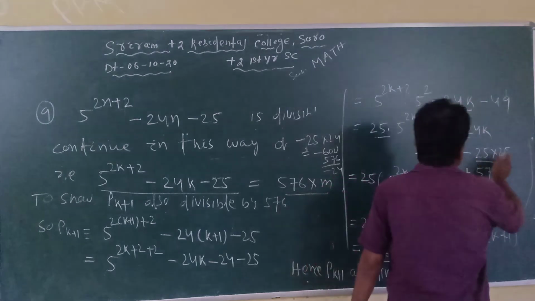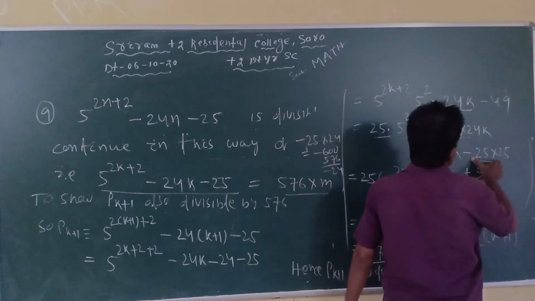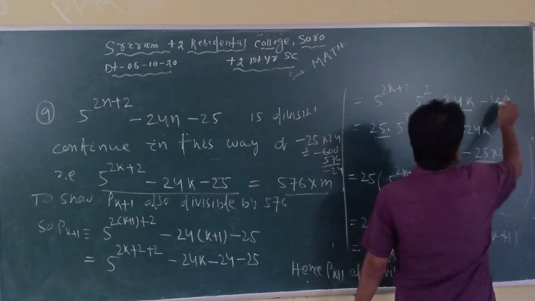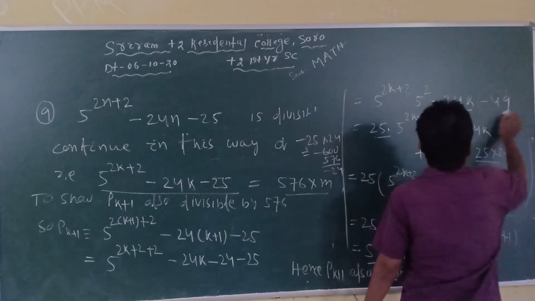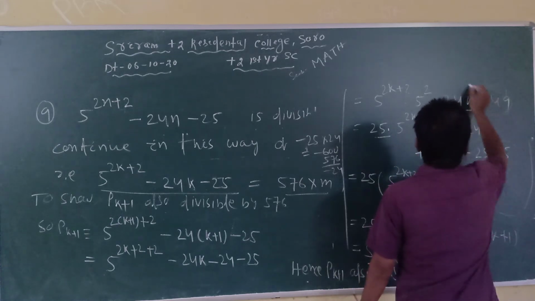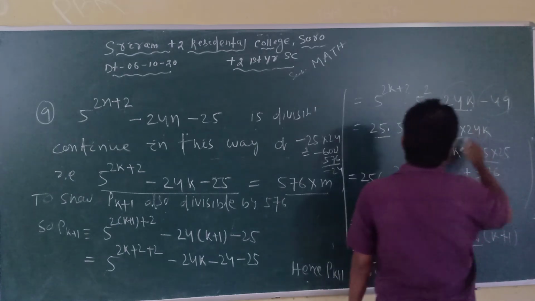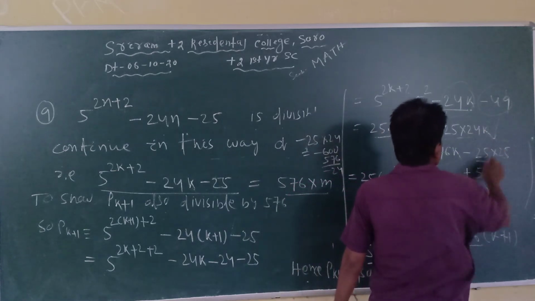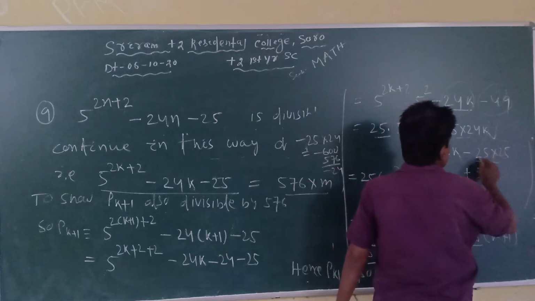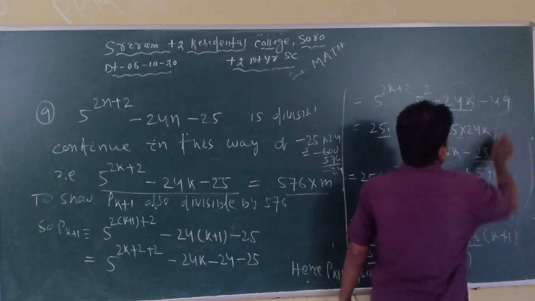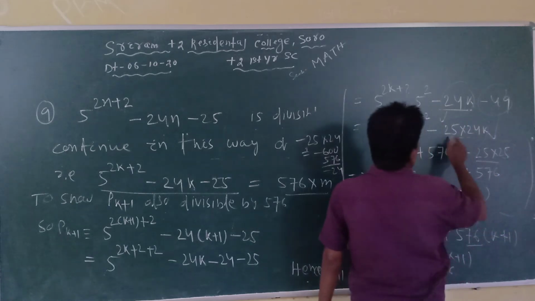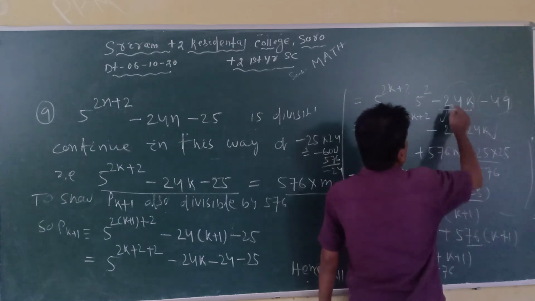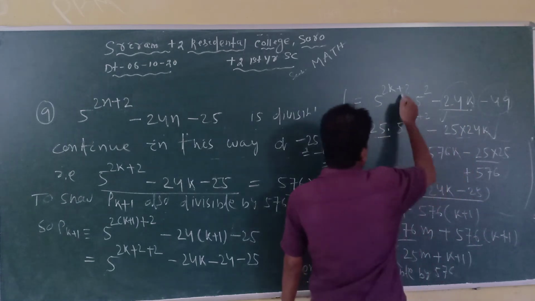Similarly, 25 into 25 is 625, minus 625 plus 576 is equal to minus 49. That part is equal to that part.